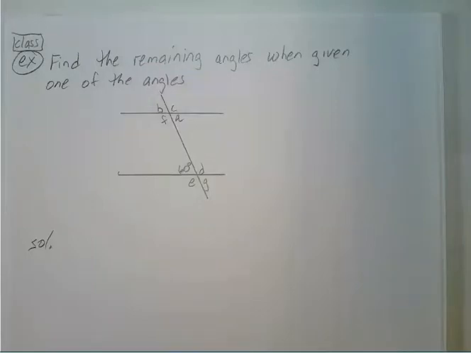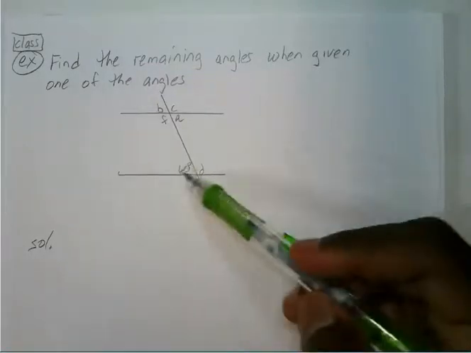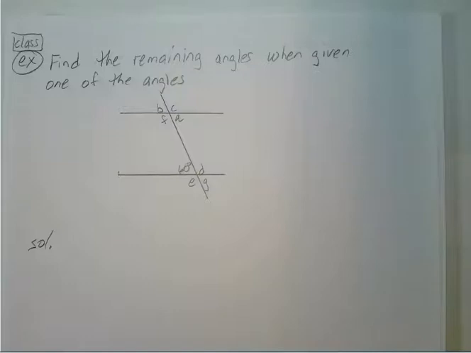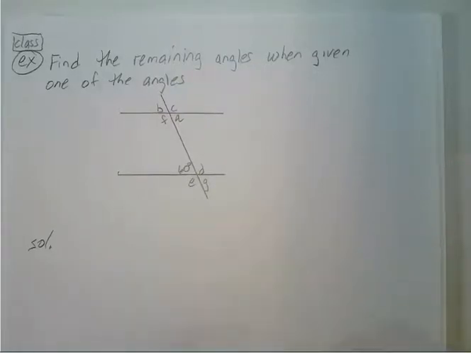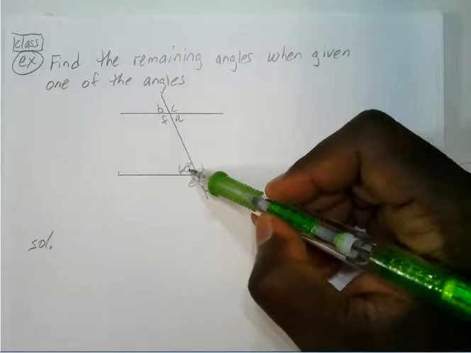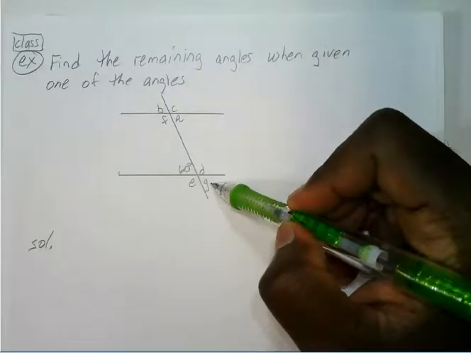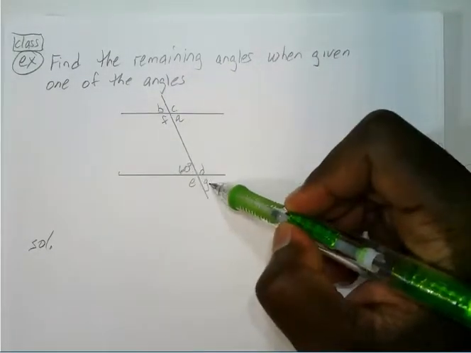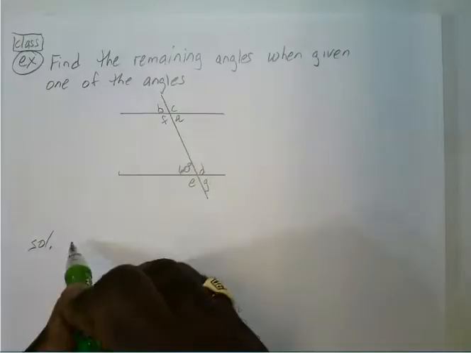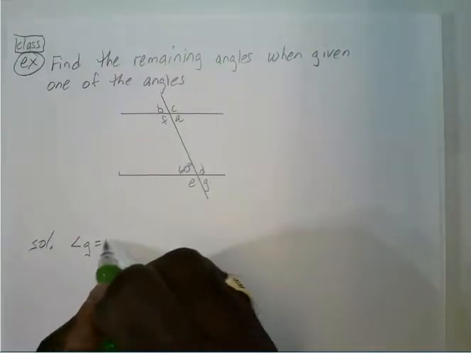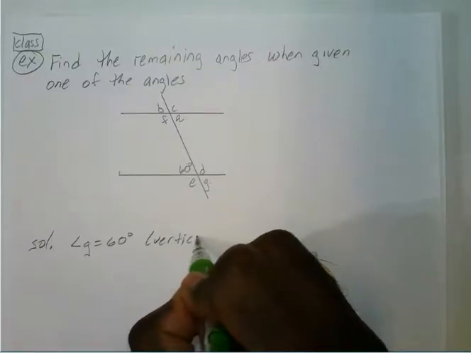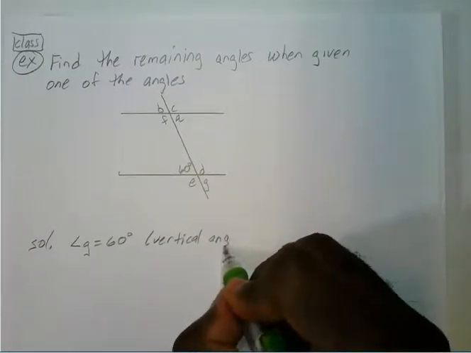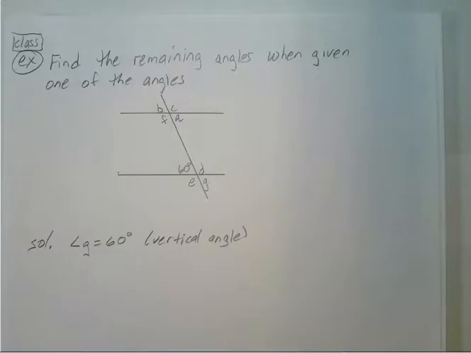The first one you want to start with, from the previous video if you remember, are your vertical angles, because they're always the easiest. If you notice, this 60 degrees is a vertical angle from angle G. So angle G equals 60 degrees, and we use the vertical angle to explain how we got it.